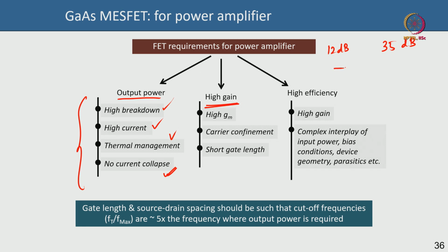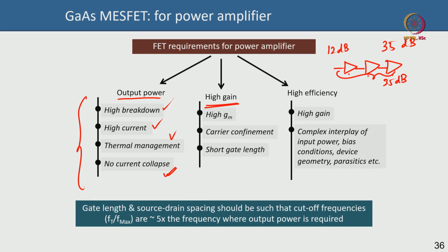That is bad, because then you have to put 3 transistors at least, 12 dB, 12 dB, 12 dB, so the whole thing will give you 35 dB gain. That makes the circuitry more complex, the real estate or area also increases, and noise also will increase because you are adding subsequent stages, and it is not a good thing. So, higher gain is desirable in a power amplifier.